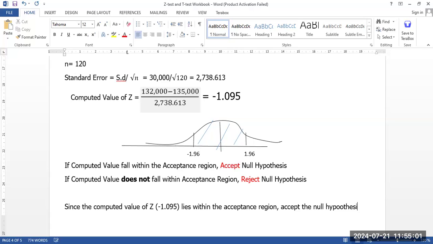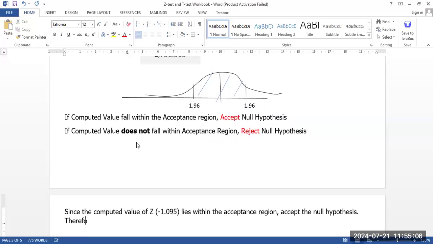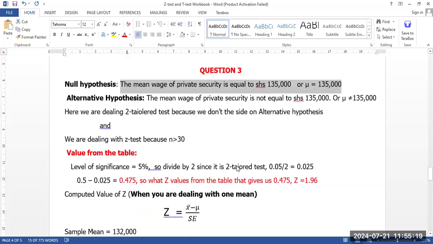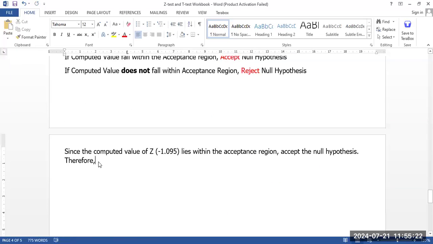And what is that null hypothesis? Therefore, you conclude with the statement corresponding to the null hypothesis. What was our null hypothesis? Therefore, you put this. Therefore, you can confirm that the population mean of private security is equal to this.